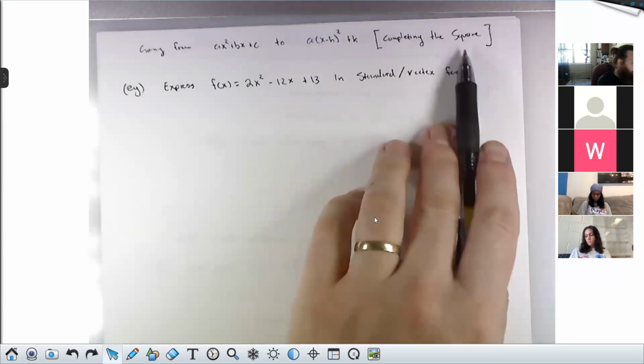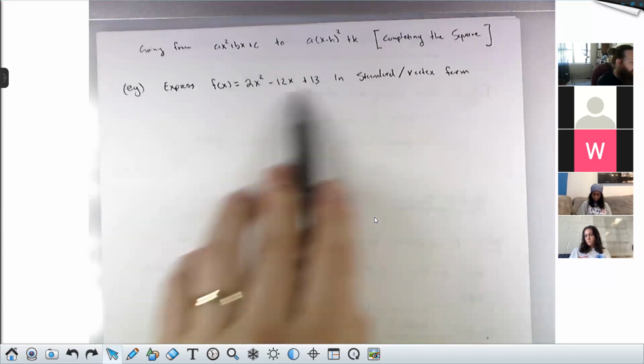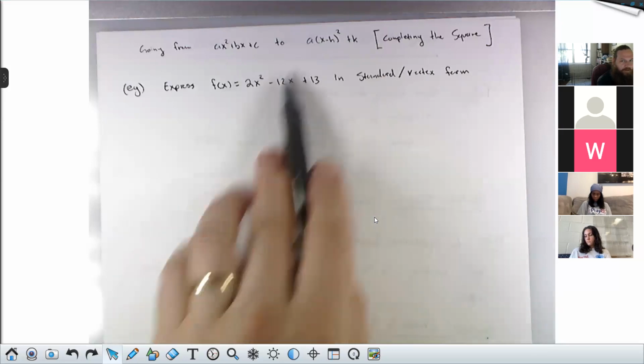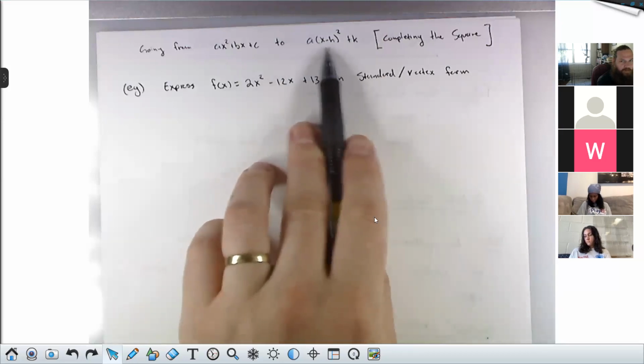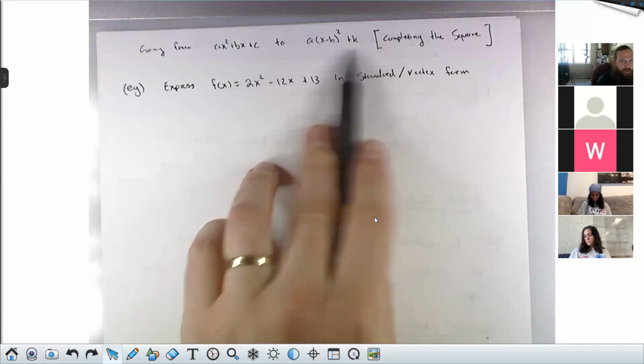To do that, we're going to complete the square. Completing the square means taking this quadratic and rewriting it as a kind of perfect square piece plus some other constant, maybe with something multiplying it out front.